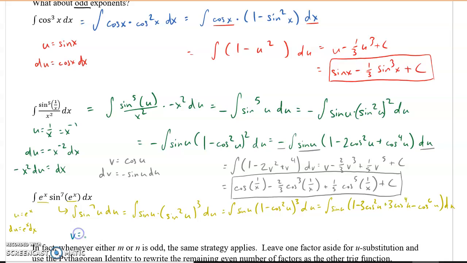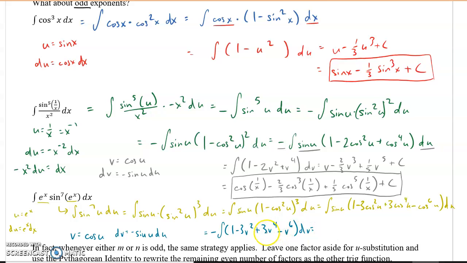So v is going to equal the cosine of u, so that dv equals negative sine of u du. We don't have the negative here that we had on the last problem, so we're going to want to include that negative in here. The sine of u du goes away, turns into a dv, and we have 1 minus 3v squared plus 3v to the fourth minus v to the sixth dv.